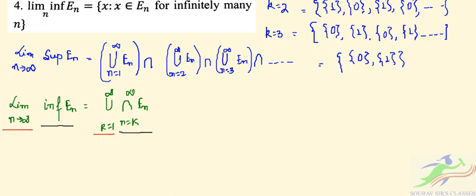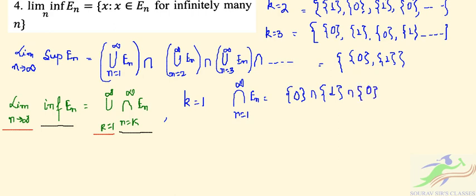Similarly for the infimum, if we put k equal to 1, what will be the sequence? It will be n equal to 1 to infinity En, 0 intersection 1 intersection 0 intersection 1.